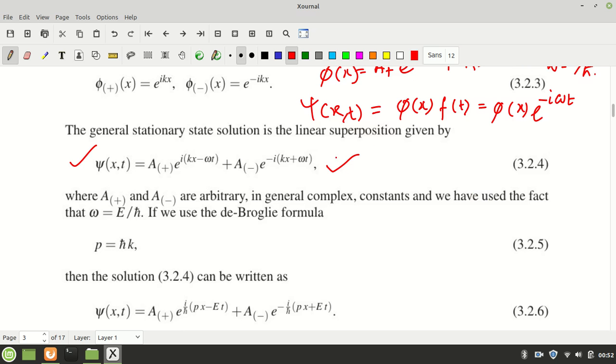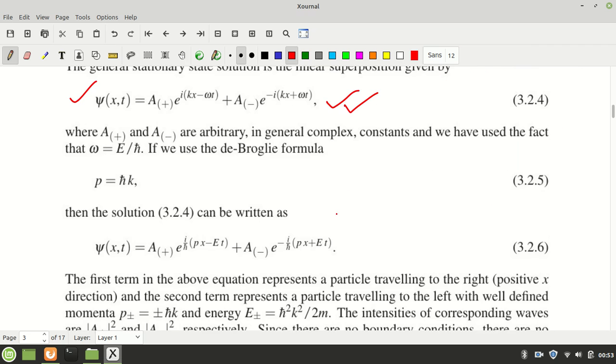So it is written here, you can see, and now you can put in place of k, p by h cut, because from the de Broglie hypothesis you can write p is equal to h cut into k, because your k is nothing but the propagation constant, 2 pi by lambda, so lambda is equal to h by p because of the de Broglie hypothesis.